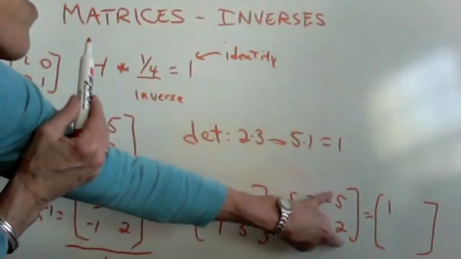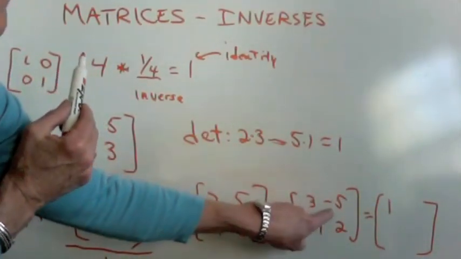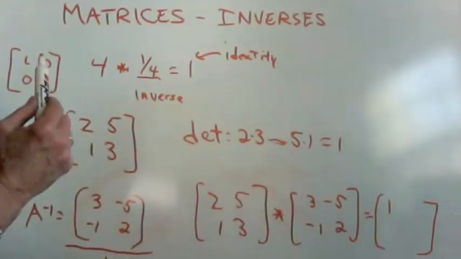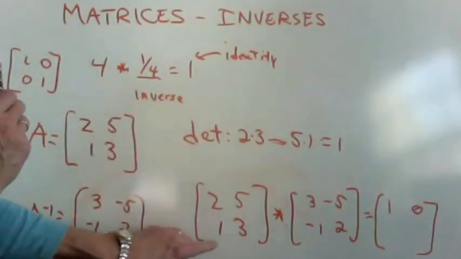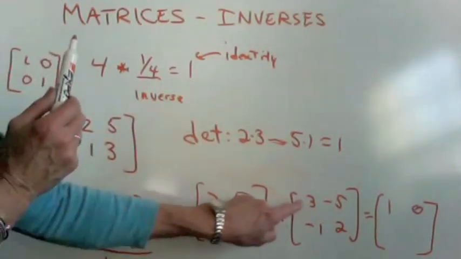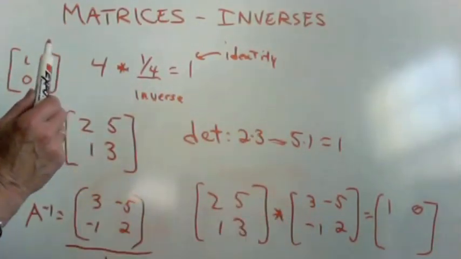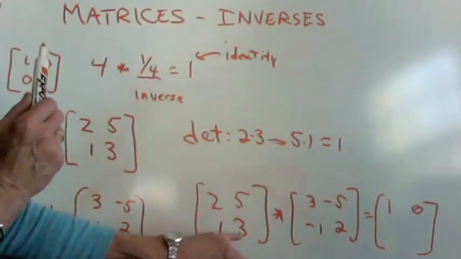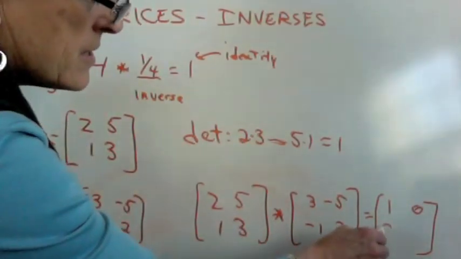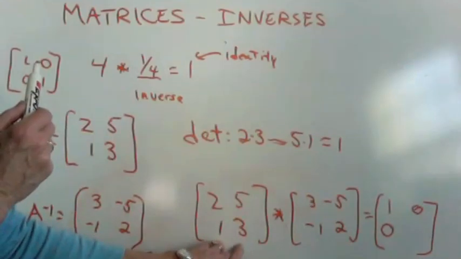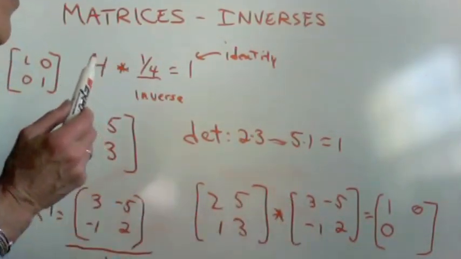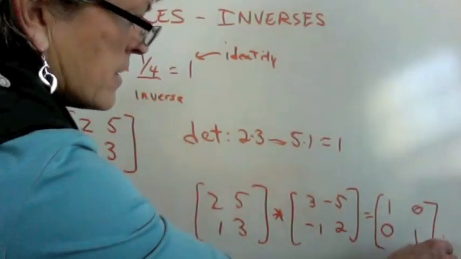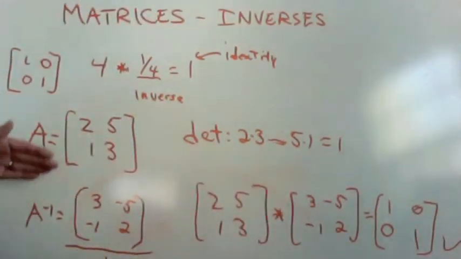First row, second column, 2 times a -5 is -10. 5 times 2 is 10. -10 plus 10 is 0. Second row, first column, 3 times 1 is 3. 3 times a -1 is a -3. 3 plus a -3, 0. And second row, second column, a -5 plus a +6 is a +1. So we have a check there. That means that this is in fact the inverse of that.